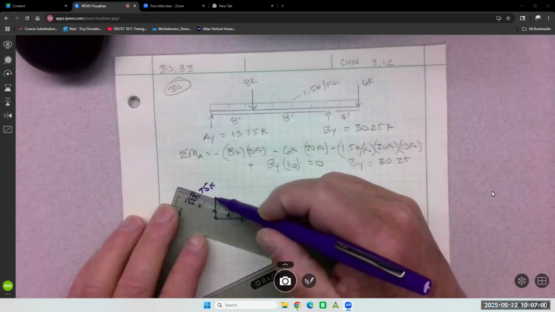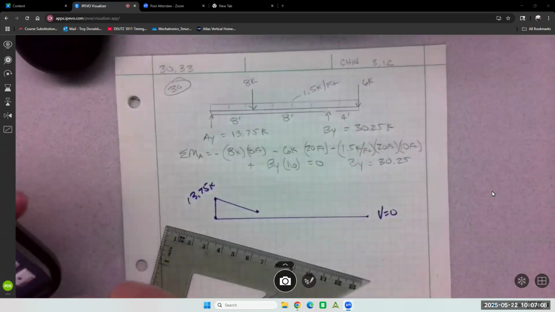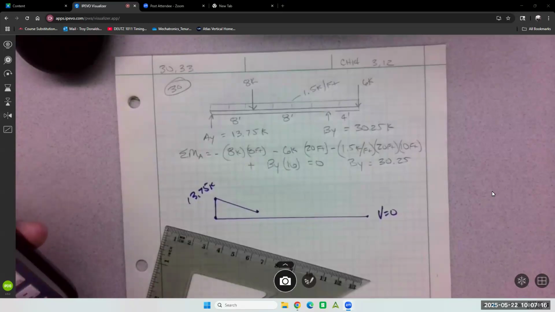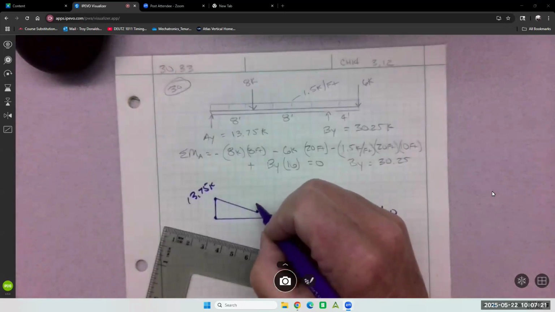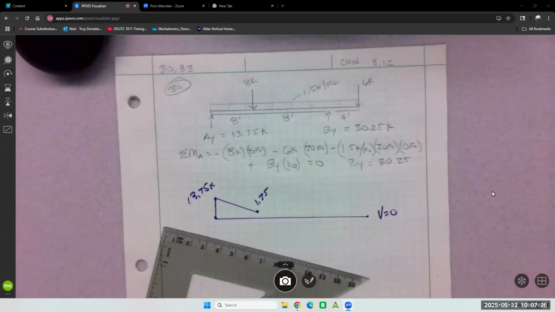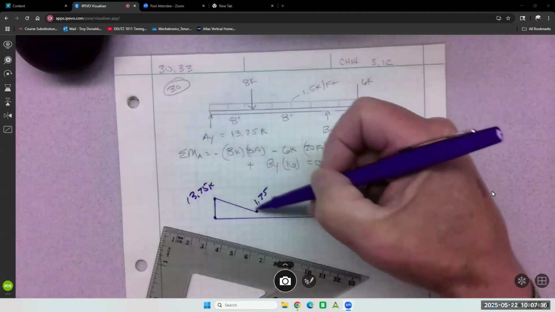So again, just keep your scale right. Times minus 175. Everyone get that? Because it's a uniform distribution, it's a straight line slope. Okay, it's not a curve because this is not changing, right? It's uniform, so that makes this a straight line.